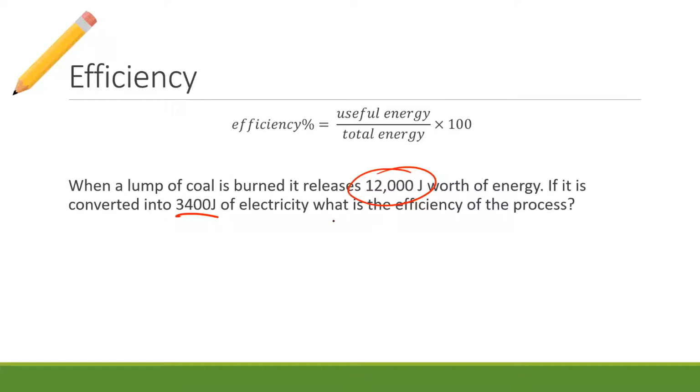If you're burning coal, how much of it turns to electricity versus heat? If you're making a motor move, how much of the energy is moving the motor and how much is wasted on other things?